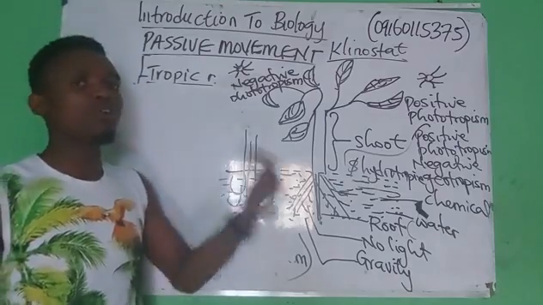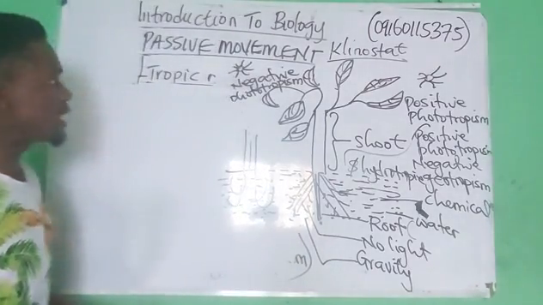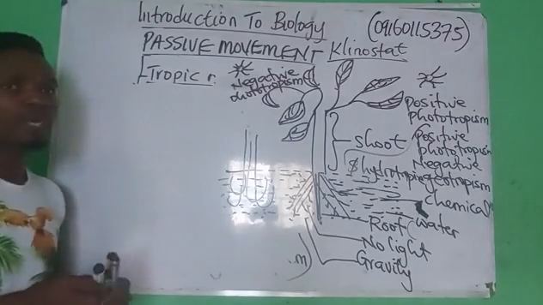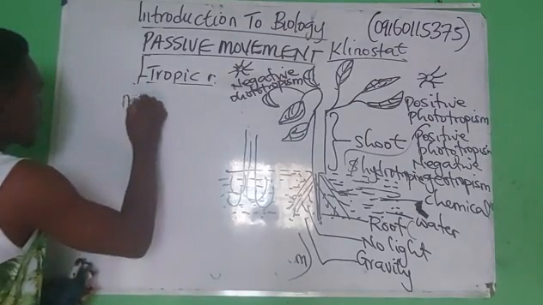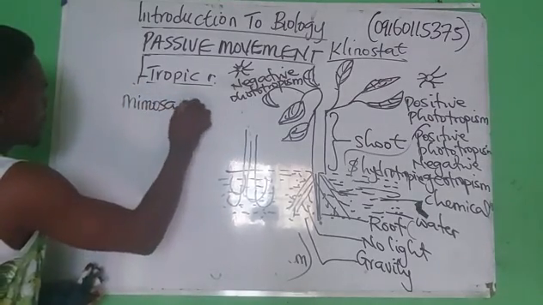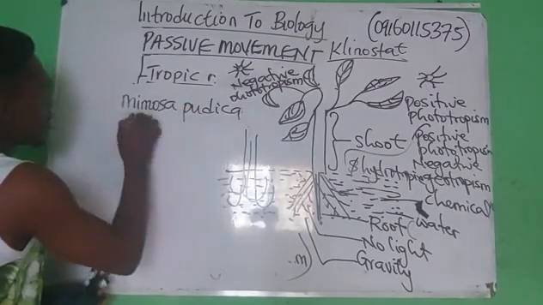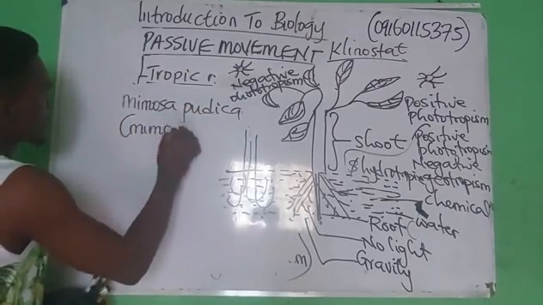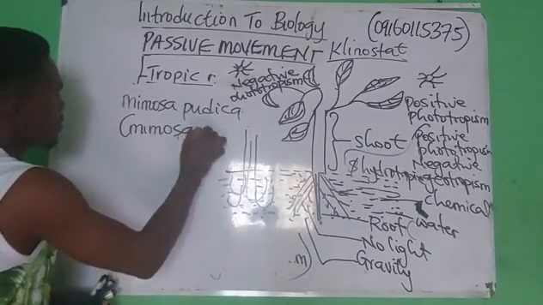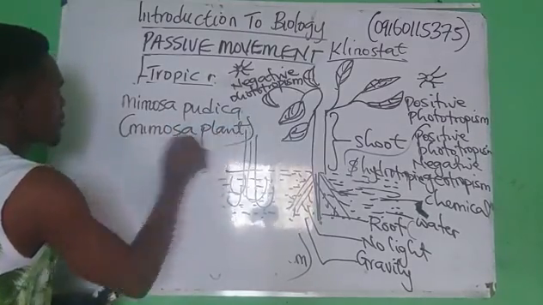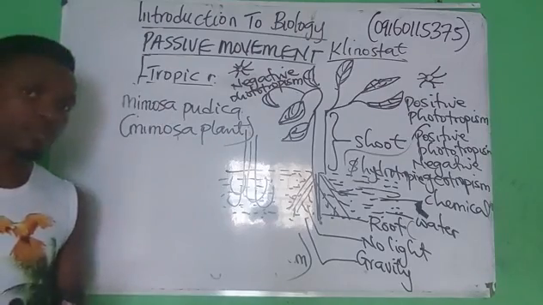Hence, to say it is non-directional, right? A type of plant that exhibits Nastic movements is the Mimosa pudica. Mimosa pudica, commonly known as what? Mimosa plant. Mimosa plant exhibits what? Nastic movements. Okay.